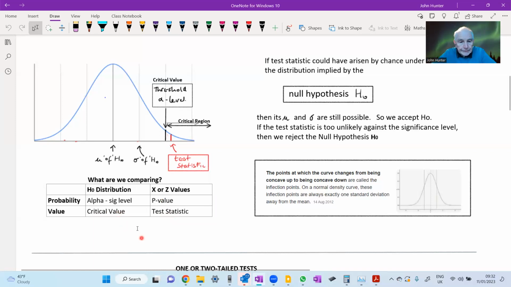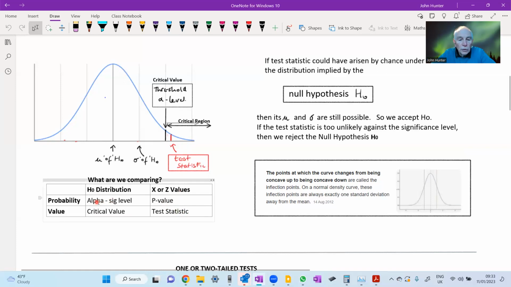Now, normally when we're doing these things, what we can easily get our hands on is the alpha level, because that's what we define as our significance level, and the test statistic, because that's what comes out of our data observations. So we've got two choices. We can either convert our test statistic to a p-value, by taking a value and looking it up in the normal distribution table or on the calculator that corresponds to these parameters.